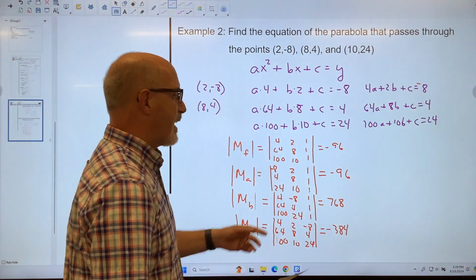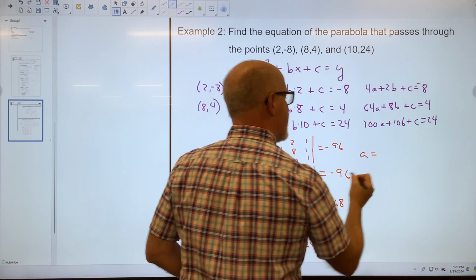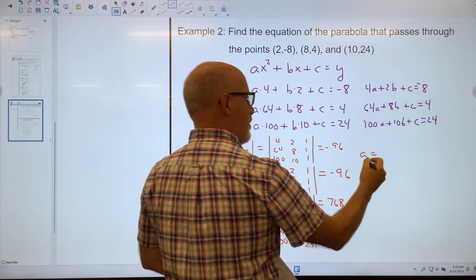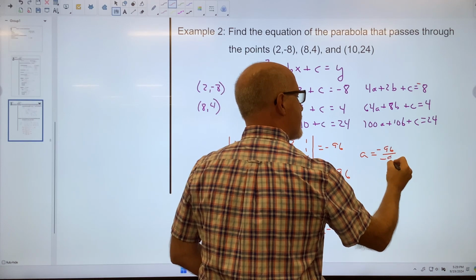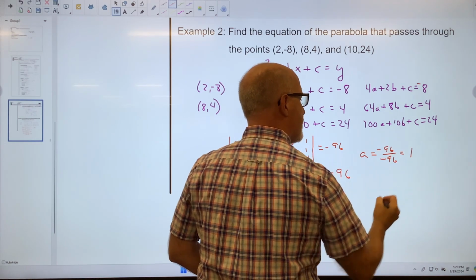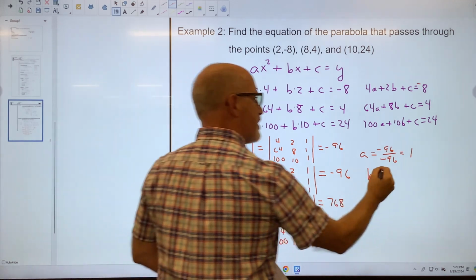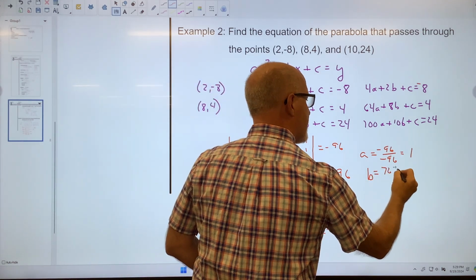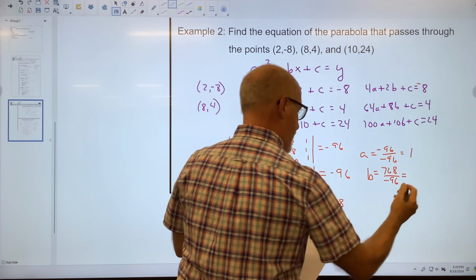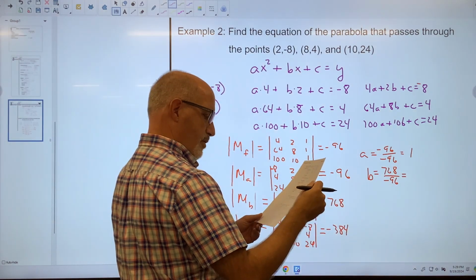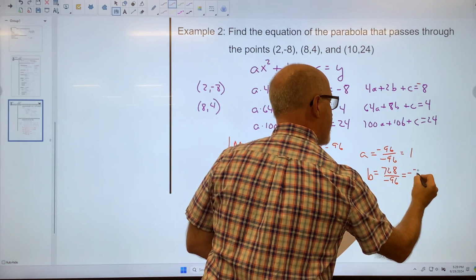So now I've got these values, I can figure out what A is. A is equal to the A determinant, negative 96 over negative 96. That gives me a positive 1. My B is going to equal the B determinant, 768 over negative 96, and when I calculate that out, I get negative 8.